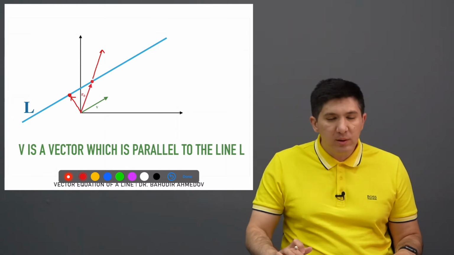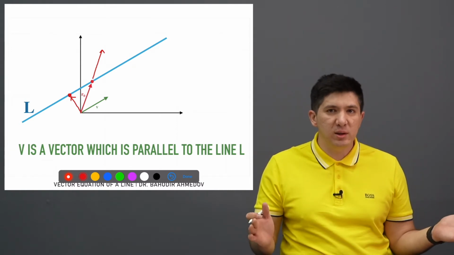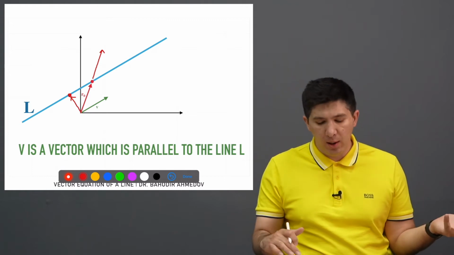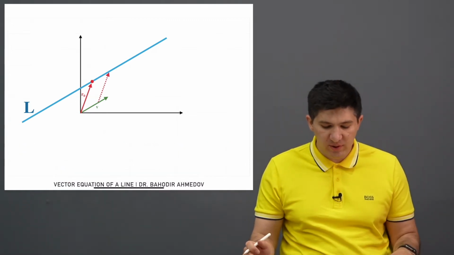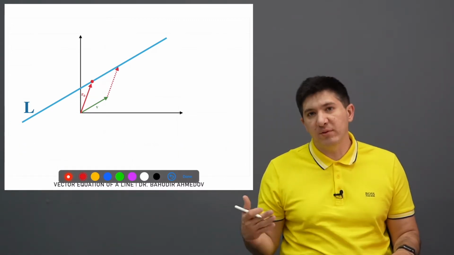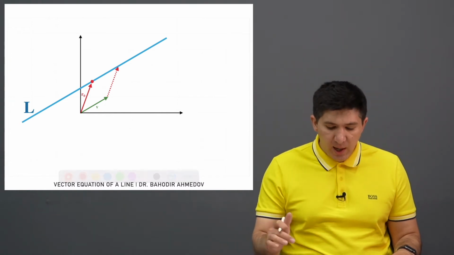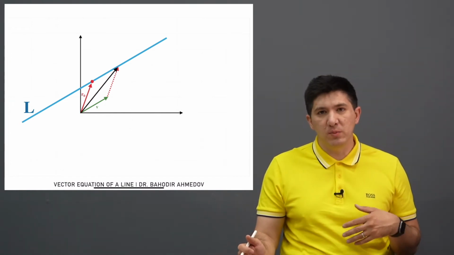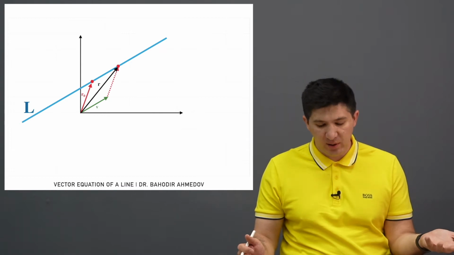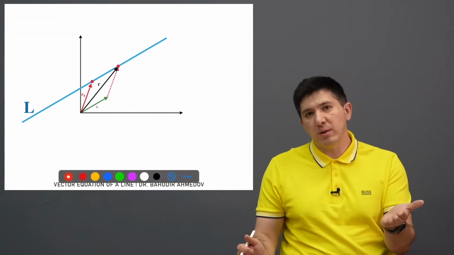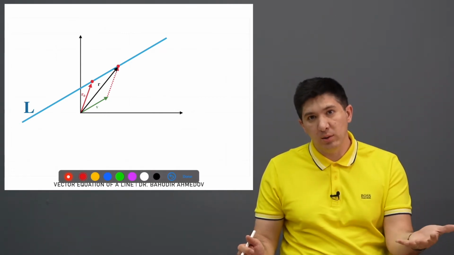If you remember, the way we add two vectors is to create a parallelogram. I'm just going to copy one of these vectors to the end of the first vector. Then the diagonal of this parallelogram is the addition of these two vectors, which points to a point along this line.